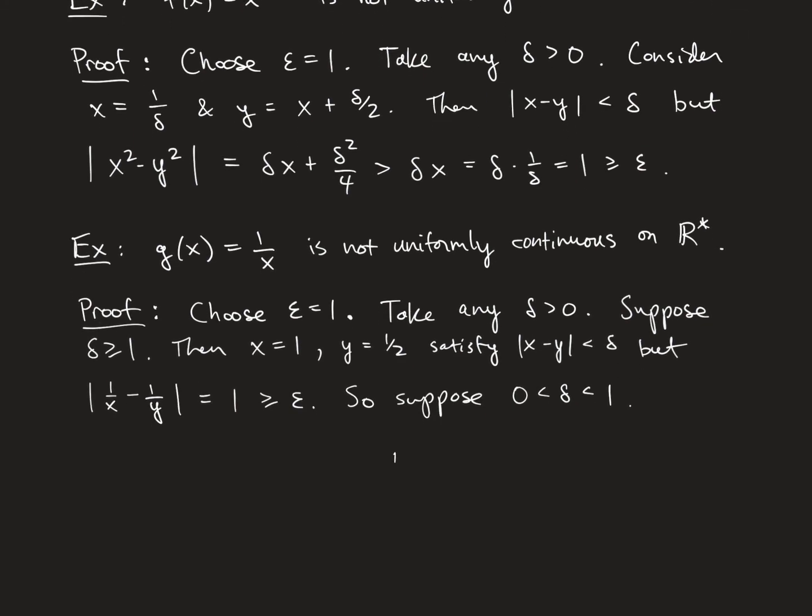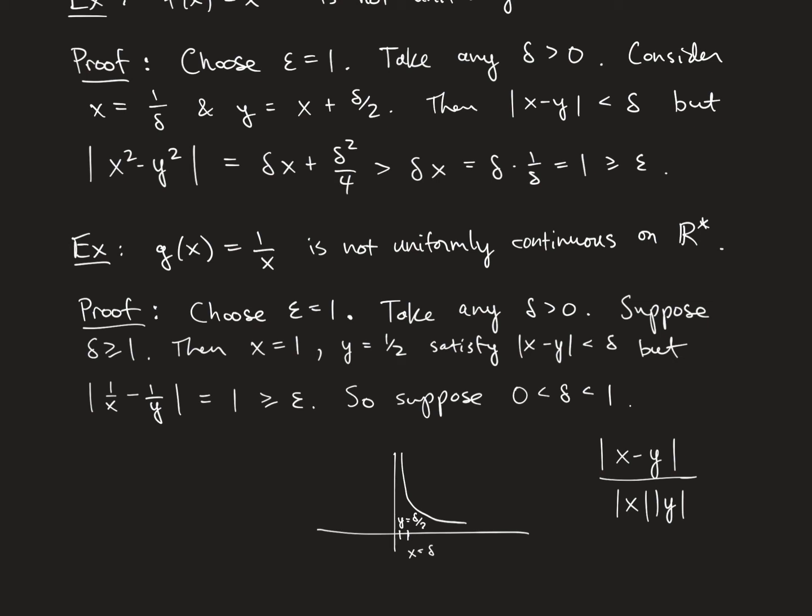So now we're going to try to pick our x depending on that delta. And again, we have the quantity x minus y over absolute value x, absolute value y. And what we can do is make our x to be delta. Delta is between 0 and 1, right? As delta gets smaller, this x is getting closer to 0. That's what we want. And we can make y equal to half of x, right?